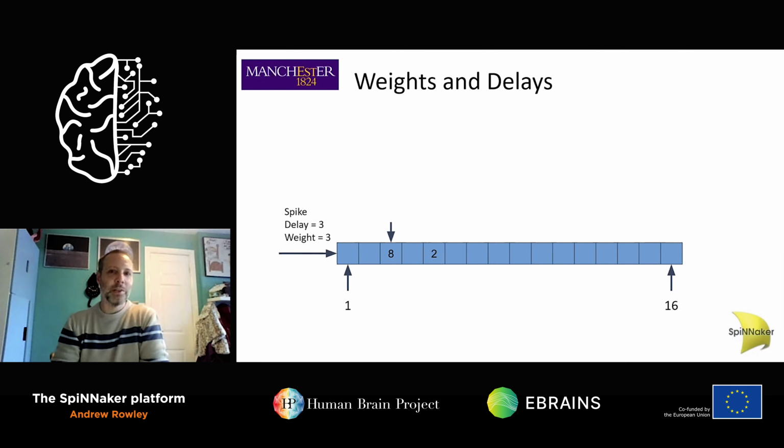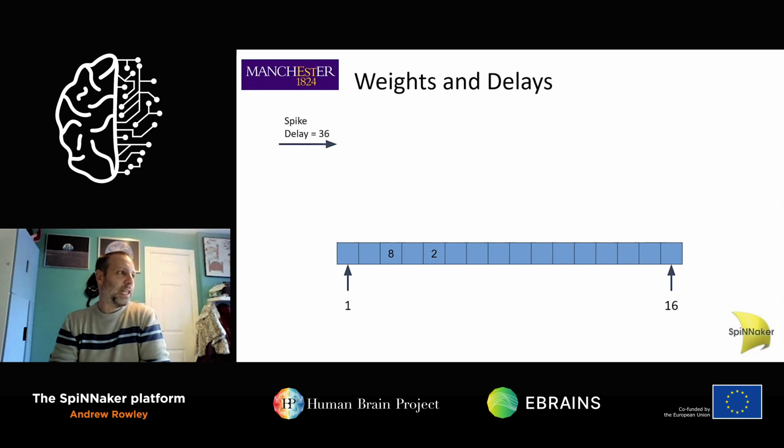So we add that on. So we're accumulating weights over time. And we're allowed to do this because the synapse models are linear that we're dealing with most of the time here. And if they're not linear, we have to have more delay buffers to separate out linear parts to do this composition. Now, the current buffers in our software allow us to support up to 16 delays in this way.